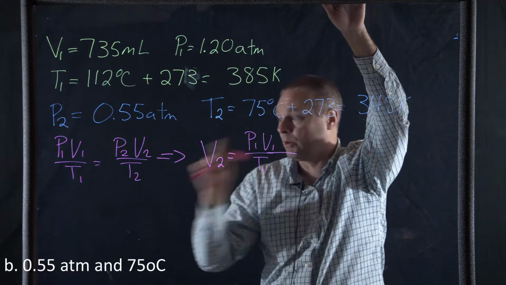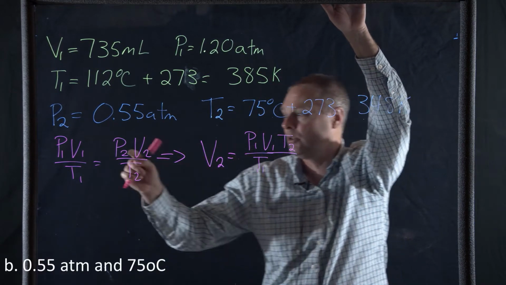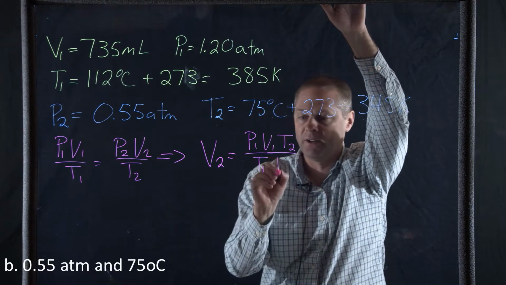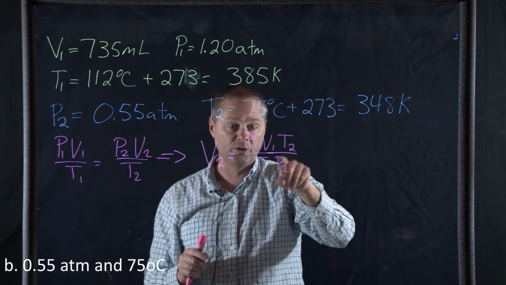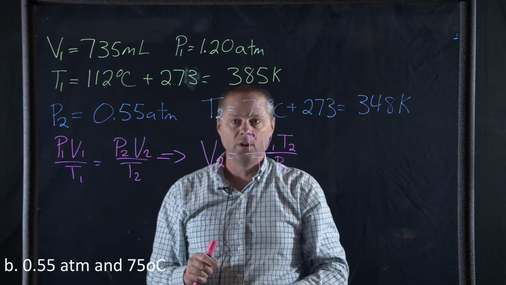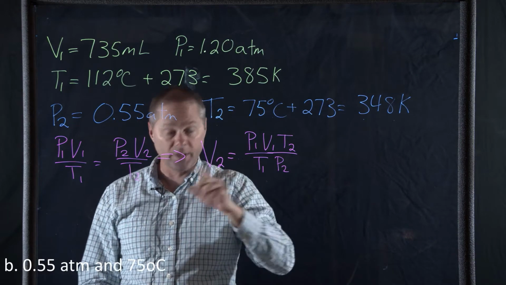That's what we start with, but we need to move this T2 up here, so this becomes T2. We're going to move the P2 down there to join the T1. So we have P1, V1, T2 all over T1, P2. It's a mouthful, isn't it? Now, let's get ready to plug these in.